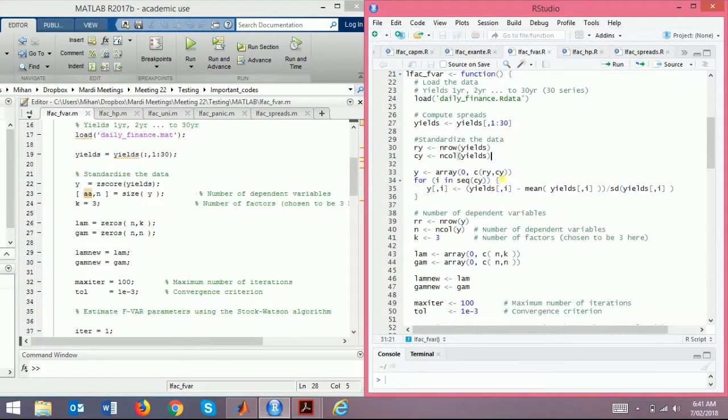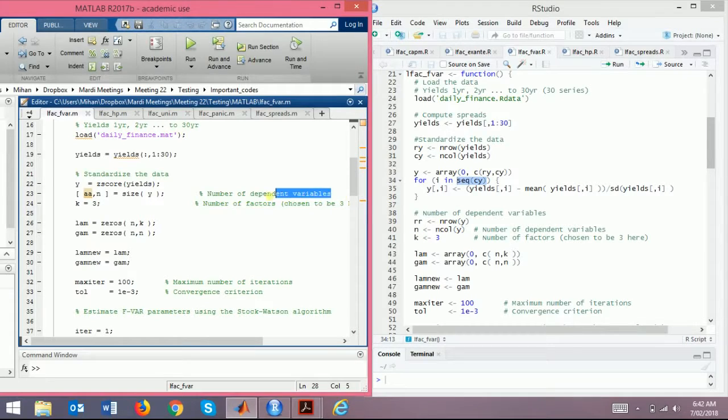Then for i in the sequence of the number of columns, from 1 to the number of columns, that will be Y i minus the mean of i divided by the standard deviation, very simple. We do this for every column, from i equals 1 to the number of columns. So that is our standardization approach.